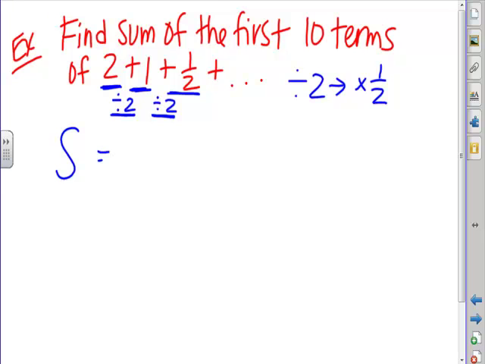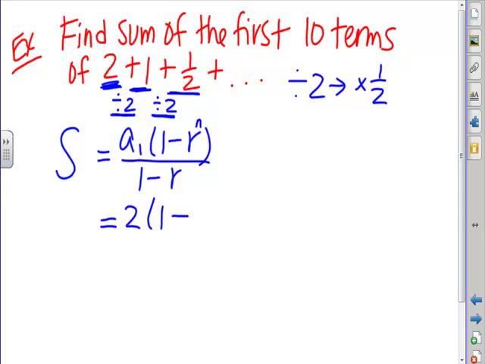Okay, so using the equation from the sheet, we need to take a sub 1 times 1 minus the common ratio raised to the n, all over 1 minus r. So a sub 1, the first term, is 2, times 1 minus the common ratio. Remember, we need to write it in terms of multiplication. So minus 1/2 to the n.